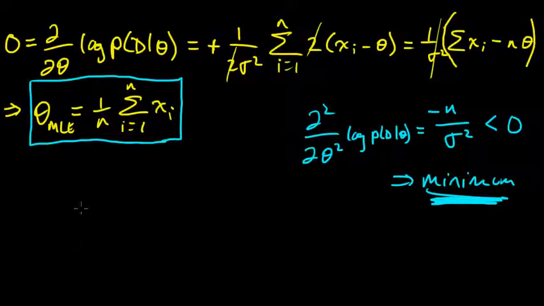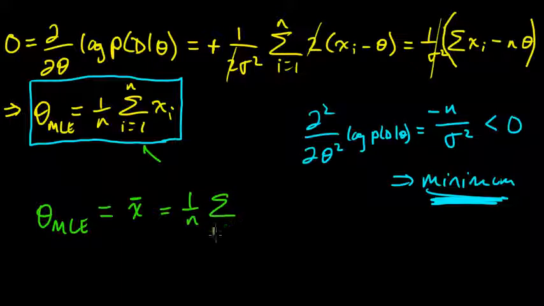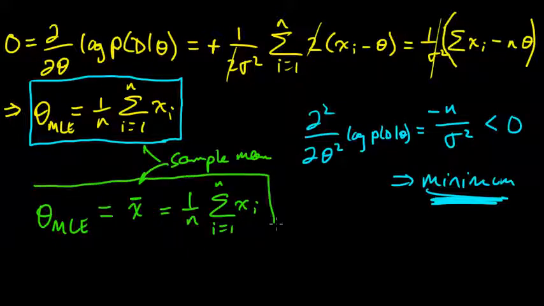So this has a very natural interpretation. At least in this case, theta MLE equals the sample mean. So it's equal to x bar. Sometimes we write this quantity as x bar, and it's called the sample mean. It's just the average. And this is, in some sense, the most natural estimate of the mean. Remember, theta was the mean of our normal distribution.